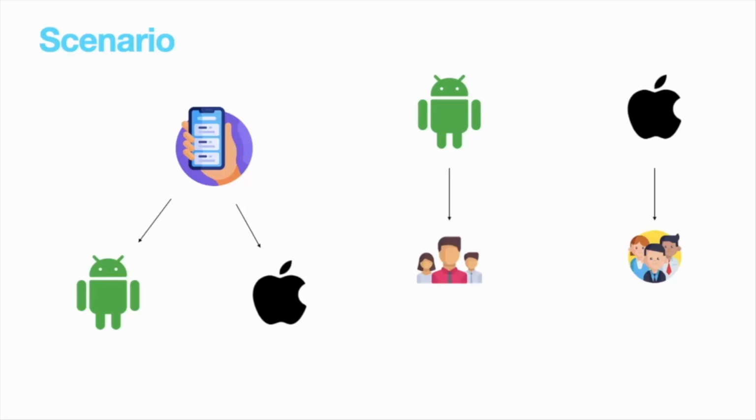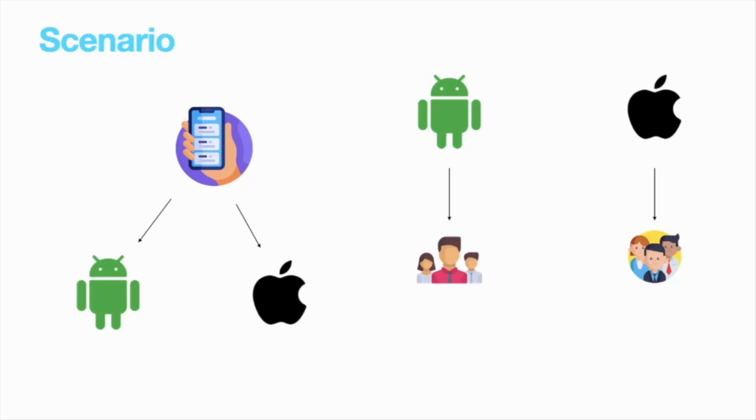Let us consider a scenario where you are the owner of a tech company which has an app that people can download from the App Store or Play Store, and of course you want to target both Android and iOS customers. In this scenario, if React Native was not the case, then you need to hire two teams.